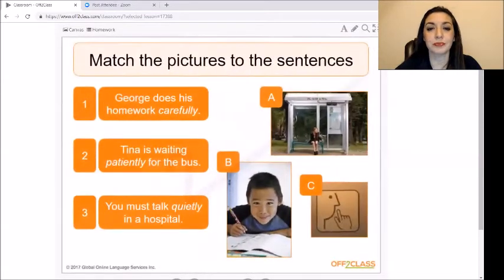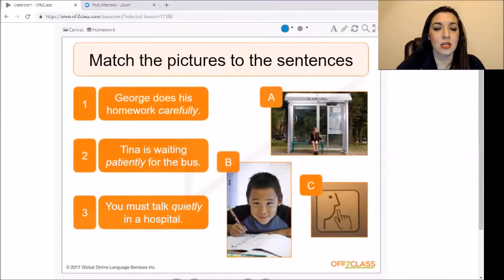And that is how we use the adverb. Let's learn more. Match the pictures to the sentences. Okay, it says, George does his homework carefully. A, B, or C? Well, this boy looks like he's doing homework. So this is that one. Number 2.